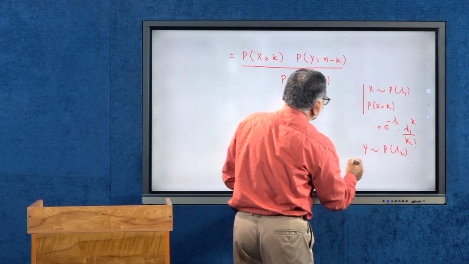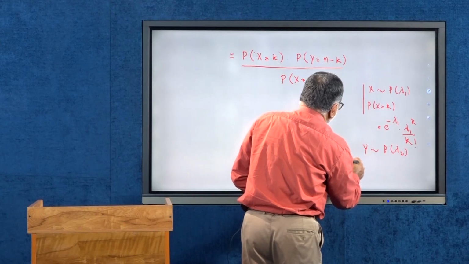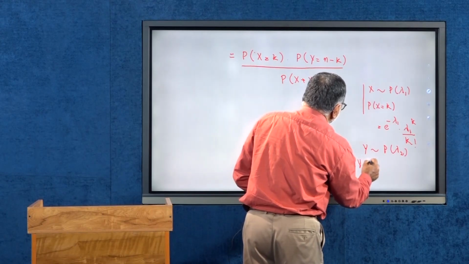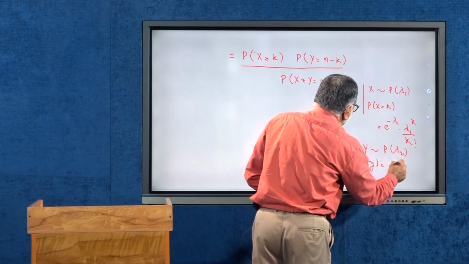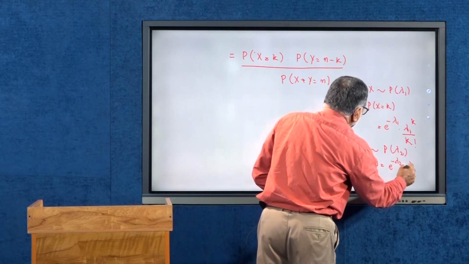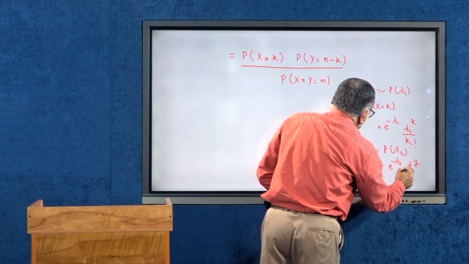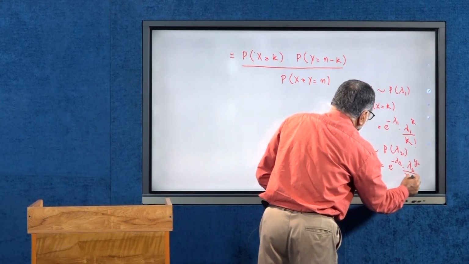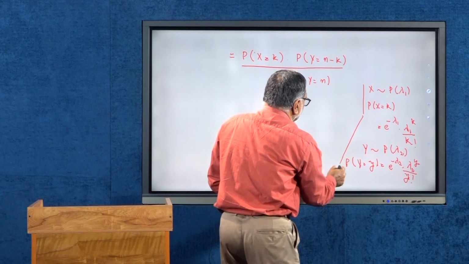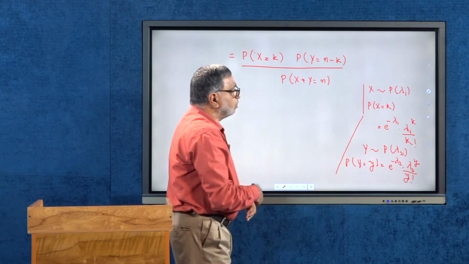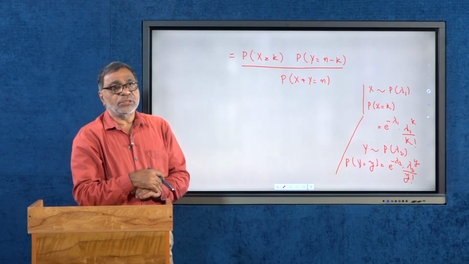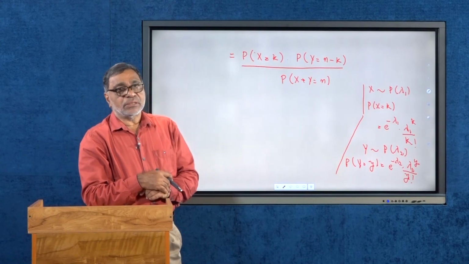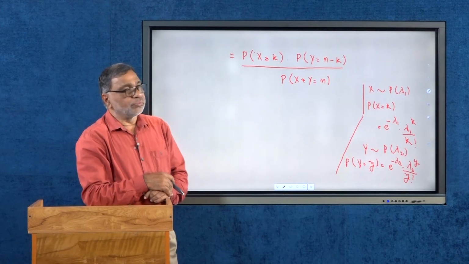So, the probability of Y equal to some y is e power minus lambda 2 into lambda 2 power y divided by y factorial. These are the given probability mass functions if we are assuming X is a Poisson with lambda 1 and Y is a Poisson with lambda 2.